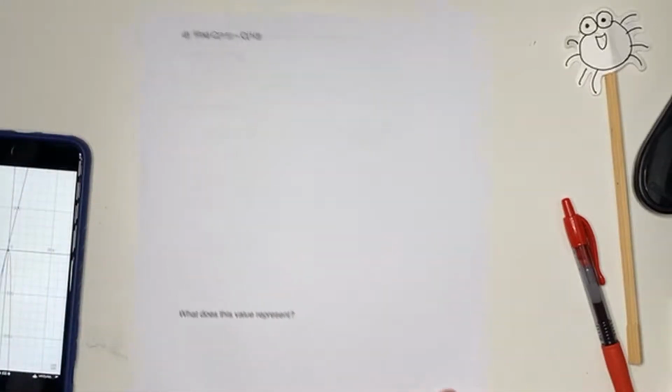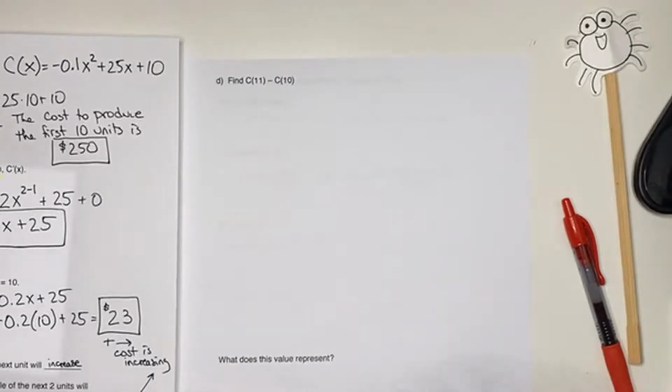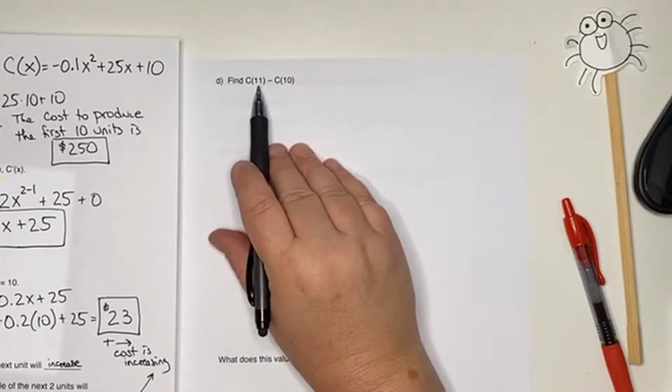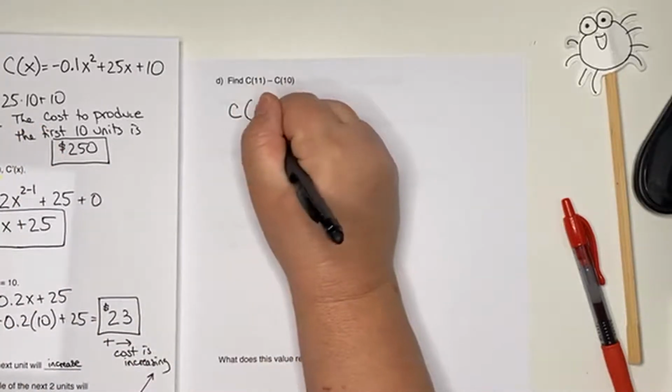Okay. Oh my goodness. Look at this. We're almost there. Okay. Find C of 11 minus C of 10. Well, we already found C of 10, so let's find C of 11.